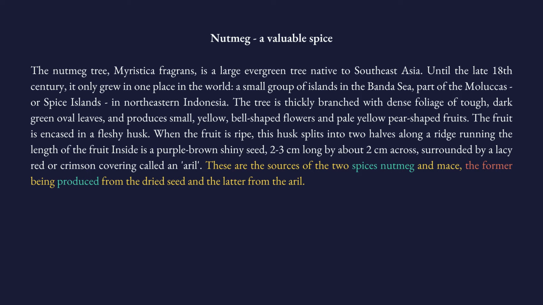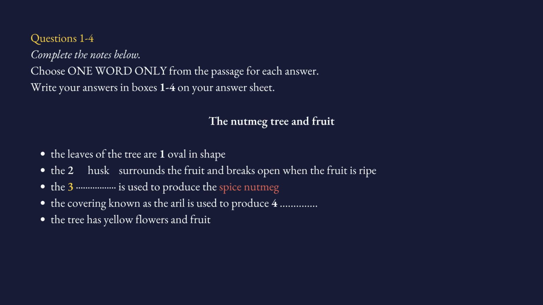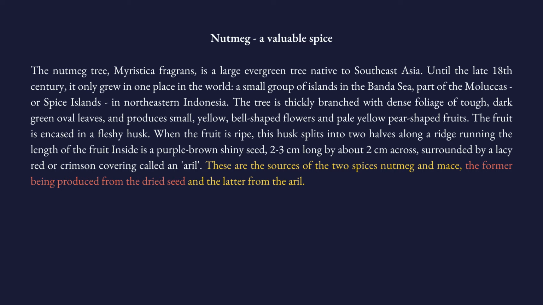So the former refers to nutmeg, and the latter refers to mace. But here we are looking for nutmeg, right? The question asks specifically for spice nutmeg, which means this section. The former, that is the spice nutmeg, being produced from what? Dried seed. So spice nutmeg is produced from dried seed, but since we need to use only one word, we cannot use the word dried.